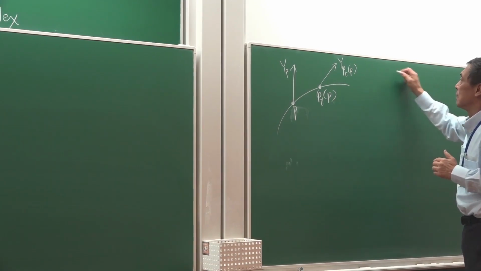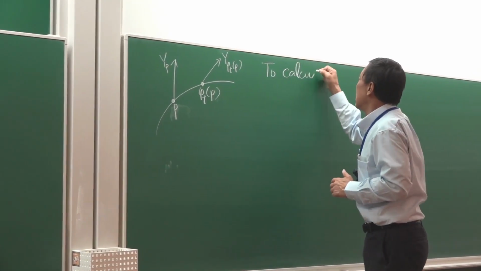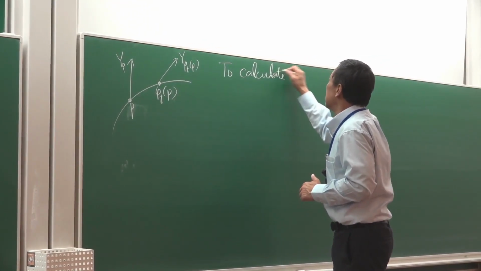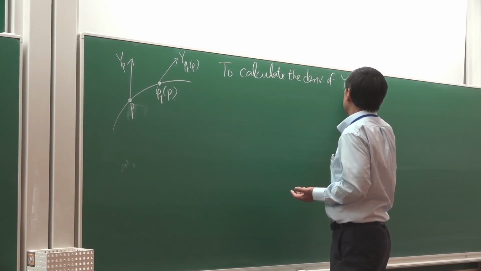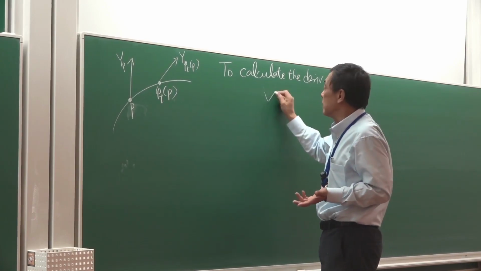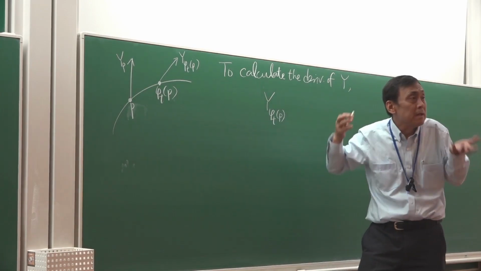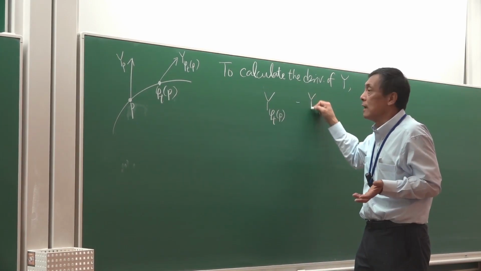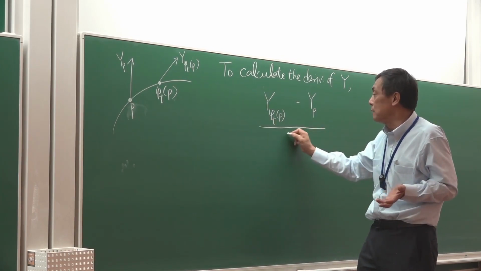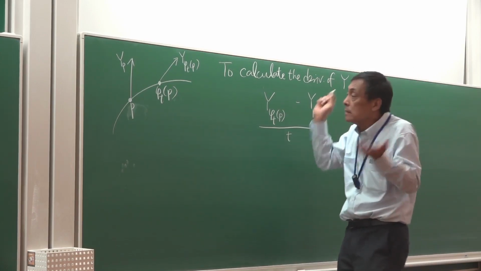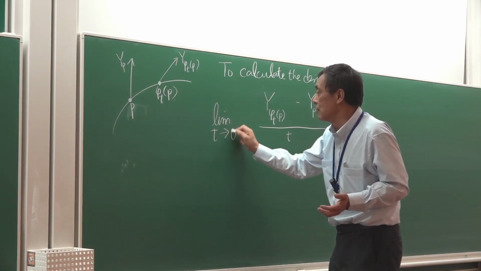Now to calculate the derivative of Y, I want to take Y at time t. Now I would like to subtract Y at time 0, right? And then divide by t, and then take the limit as t goes to 0.